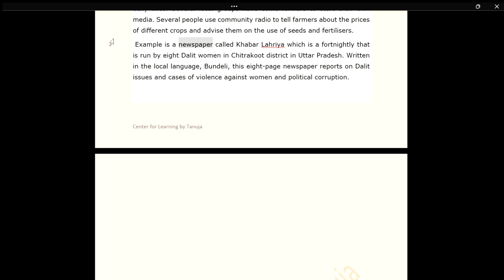An example is a newspaper called Khabar Lahariya, which is a fortnightly run by 8 Dalit women in Chitrakoot district in Uttar Pradesh. Written in the local language, Bundeli, this 8-page newspaper reports on Dalit issues, cases of violence against women, and political corruption.